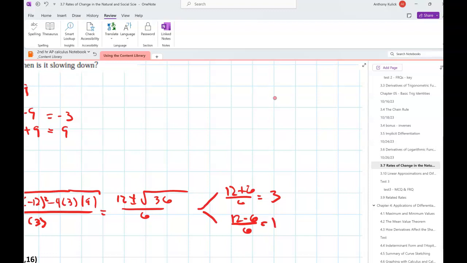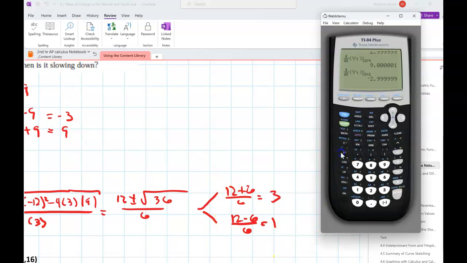Can you check this? Plug it back in. Yeah, so on my calculator I'll just try the derivative when x is 3, see what I get. What's that mean? 0. That's basically 0, right? It's 0.000001. I'll call that 0.